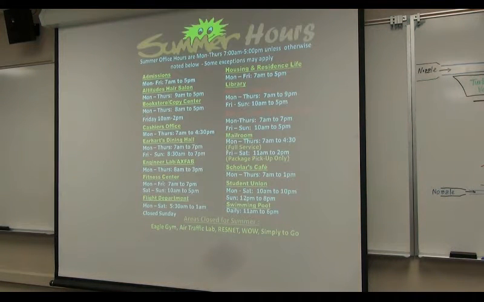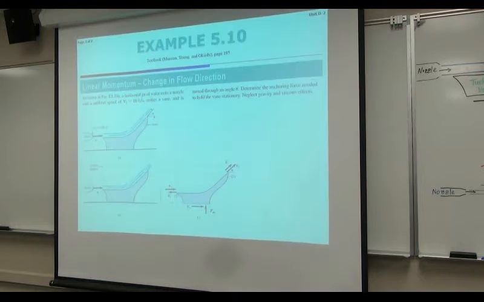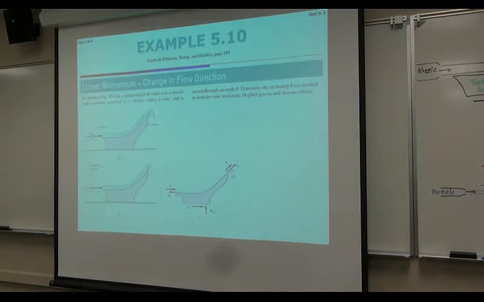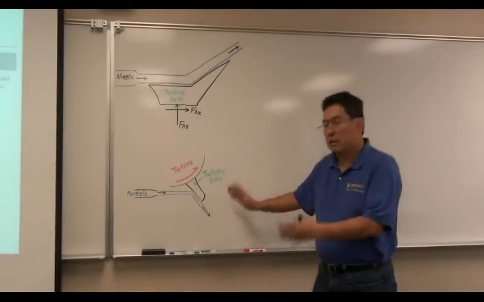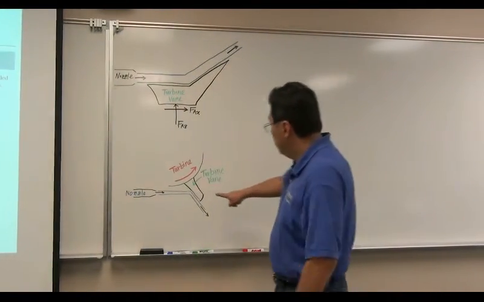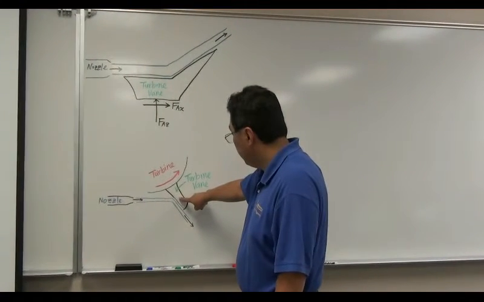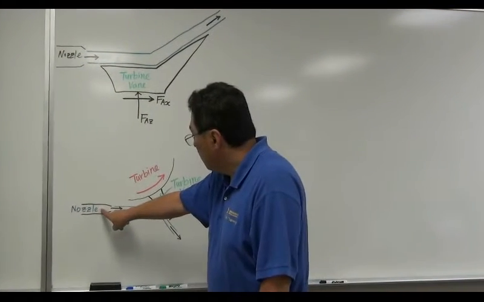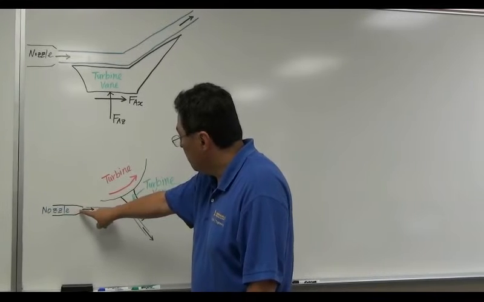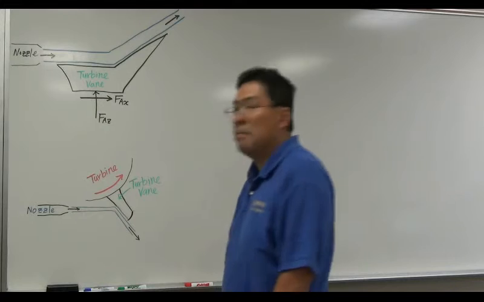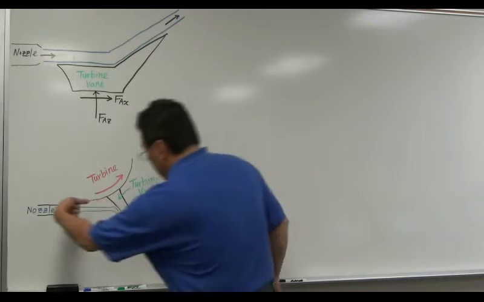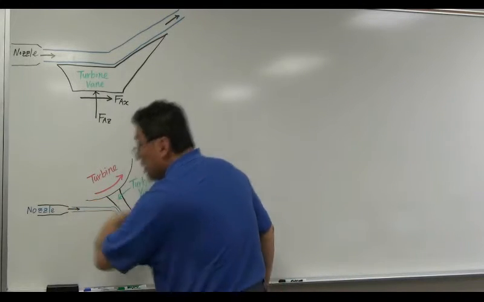So once again, let's go back to the program here. Let's just take a look at this figure here. Okay, so the situation here is this is one of the turbine vanes. And then water is shooting off from this nozzle, hits this turbine, changes direction and goes out. As a result, force is developed. Okay?